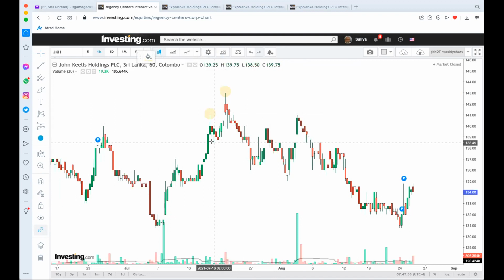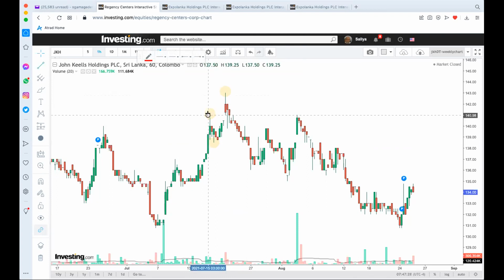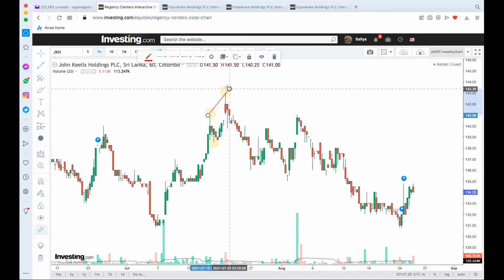You can make use of this low, or even this low. This is a closing low. This is the low based on the low price, right? That is how you make use of these price points for us to figure out the pattern.